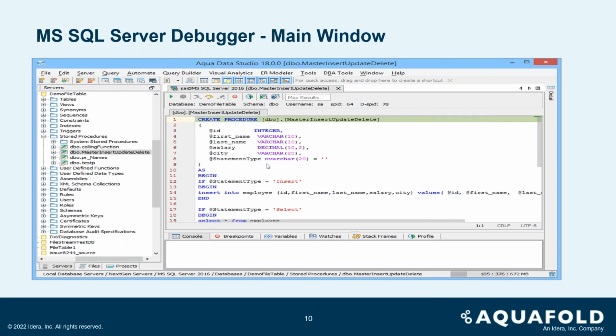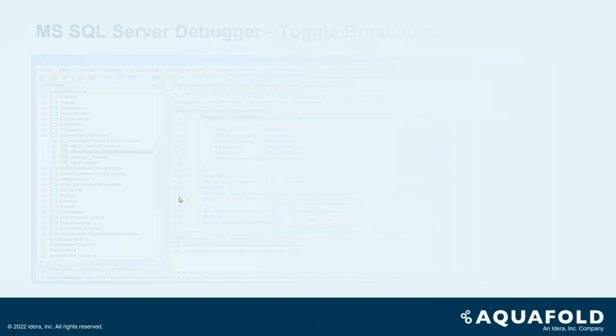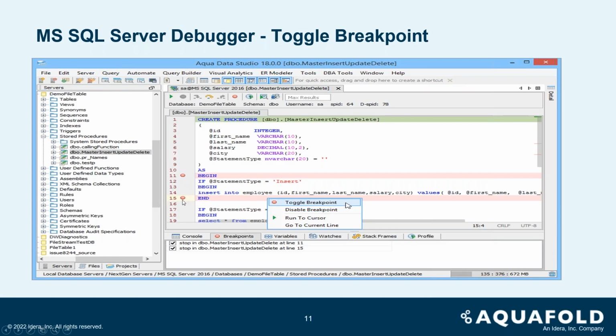Okay, so here you can see once you've opened up your debugger, it will be listed here in your debugging window. So you can set your breakpoints, and you can also toggle them on and off. Again, you can use a right-click capability, or you can come up and utilize the breakpoint icon to set those.